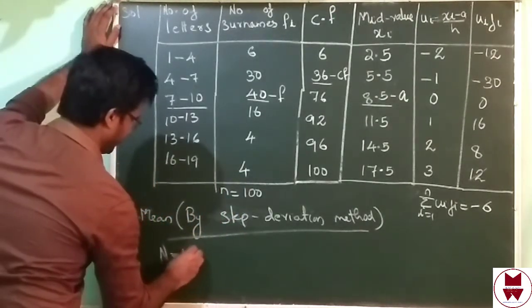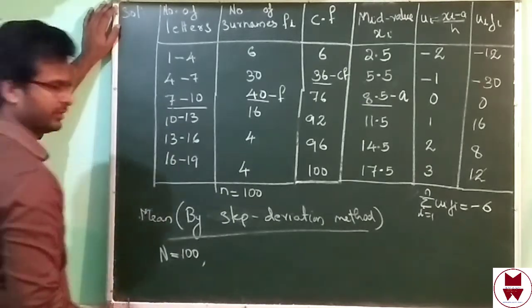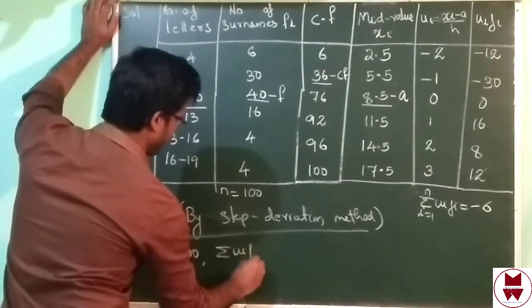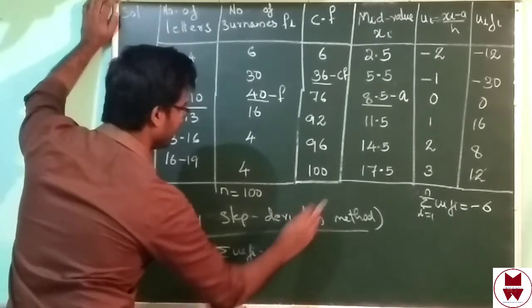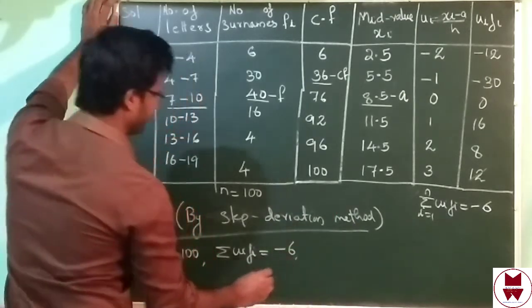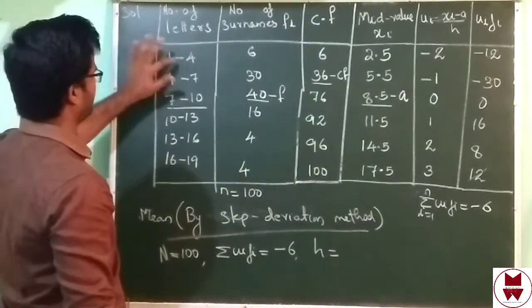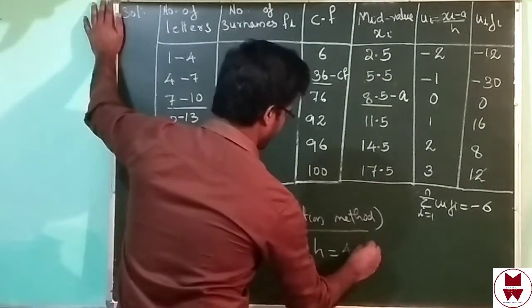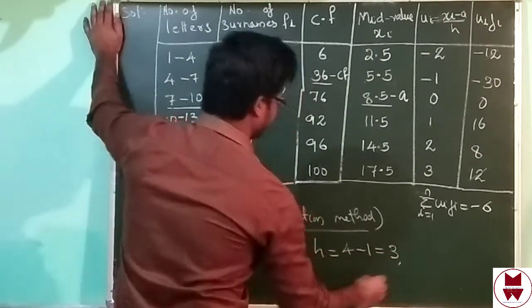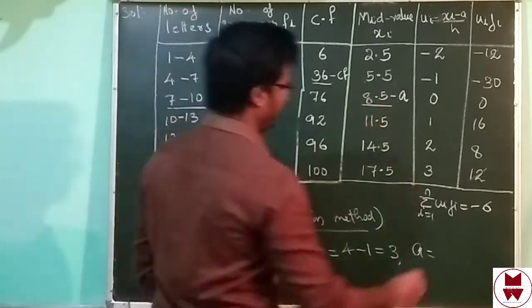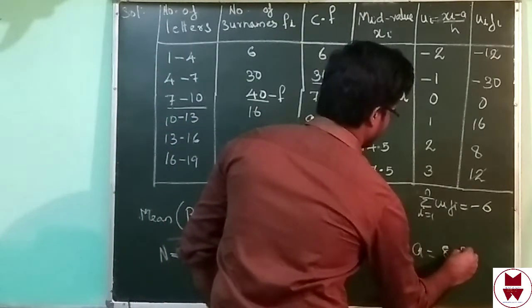Then capital letter N equal to 100. Then sum of uifi equal to minus 6. H, class width, 4 minus 1, you will get 3. Then A means assumed mean. Already we took 8.5.